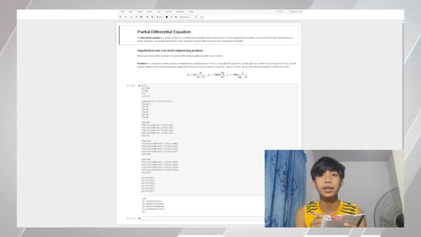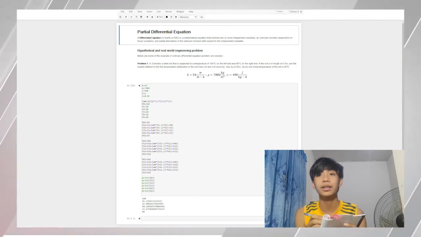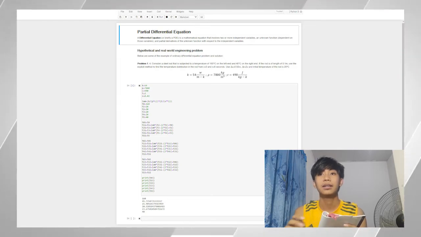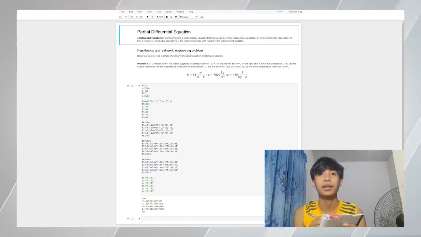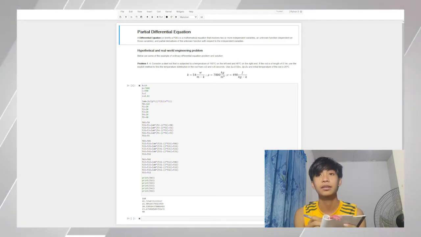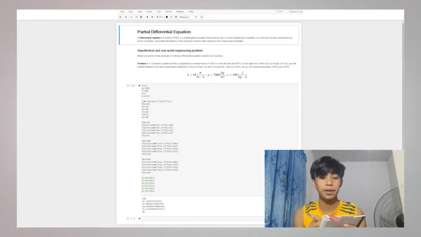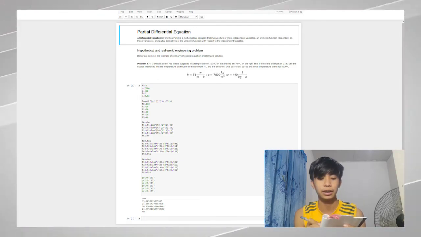Yung T sub 3 naman po raised to 2 is equals to 21.91. Then yung T sub 4 natin is 23.67. And T sub 5 po natin raised to 3, which is the boundary condition, is 40 degrees Celsius.